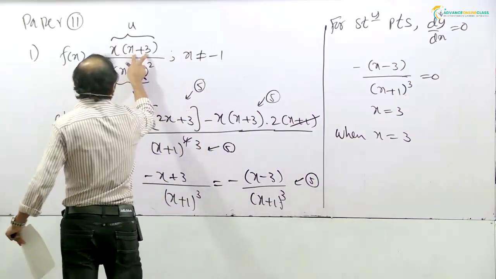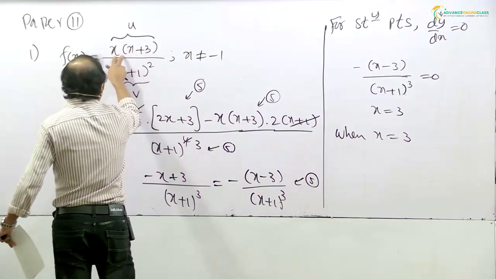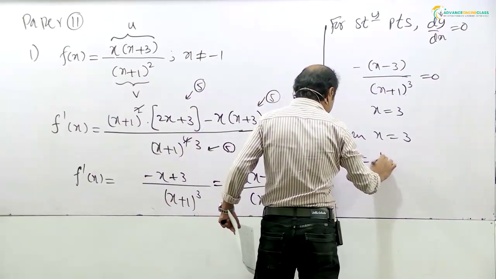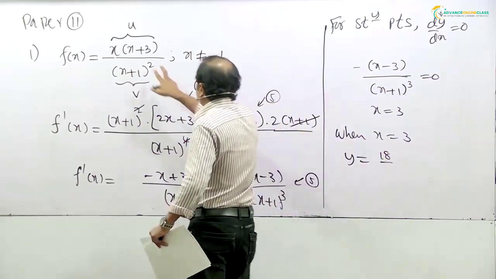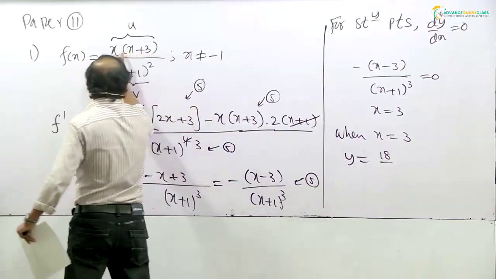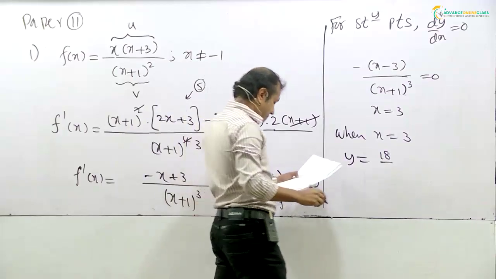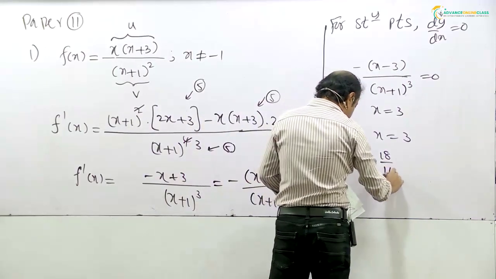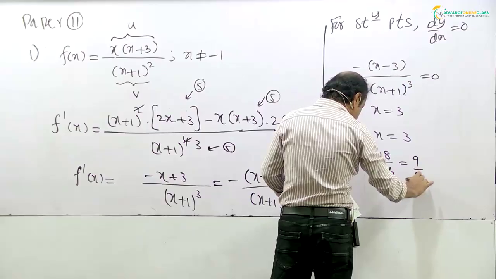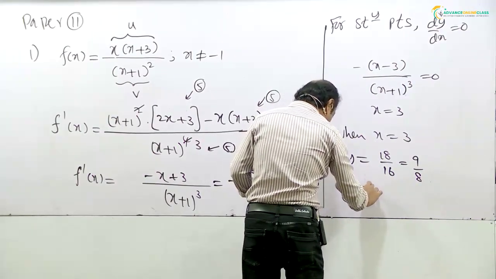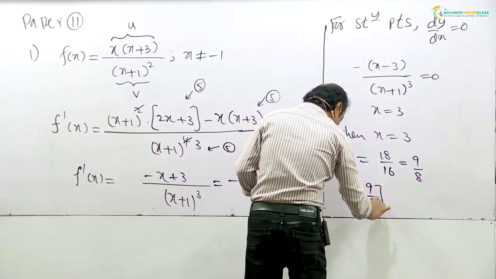What do you get there? Numerator, 18, when you put x equals 3. 3 and 3, 6, 18. And here 4 cubed, 64. 9 over 32. Then the stationary point is 3, 9 over 32.